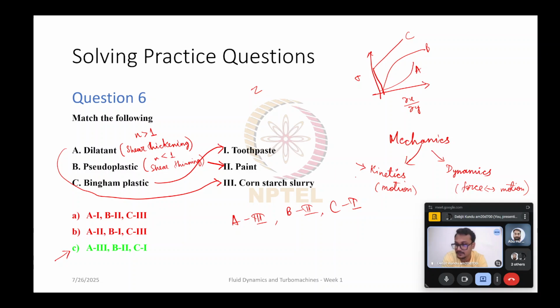Then by Indian authors, there is a very good book by Som Viswas and Chatterjee. That's also a pretty good book for undergrad level fluid mechanics. Then I'm trying to think what else. Yeah, these two should be good to start off with.